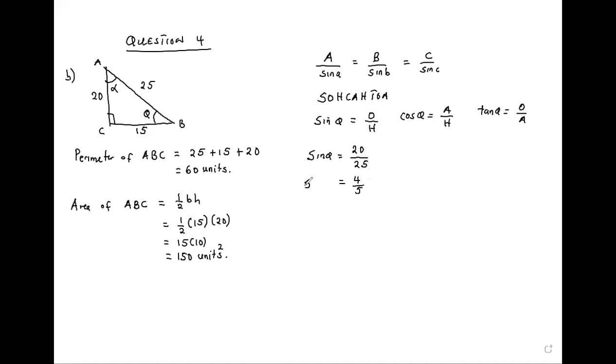So theta is going to be sine inverse 4 over 5. Then alpha, if we use the same sine, we'll get sine alpha to be 15 over 25. Divide by 5, you get 3 over 5. And so alpha should be sine inverse of 3 over 5.